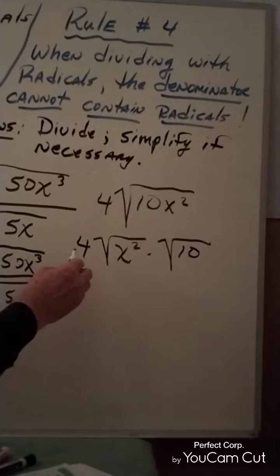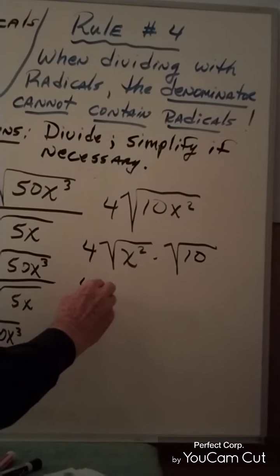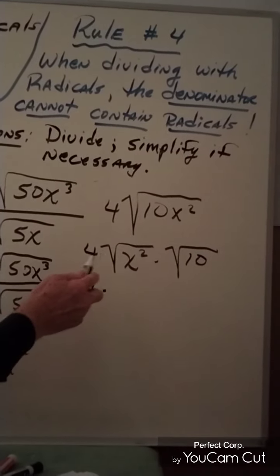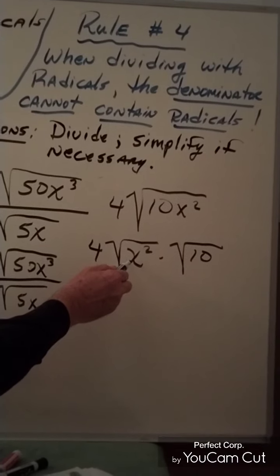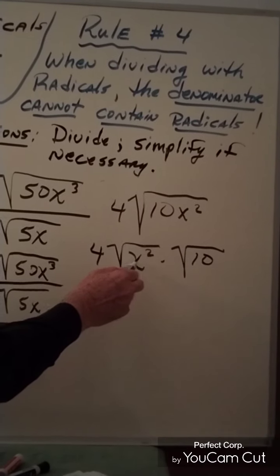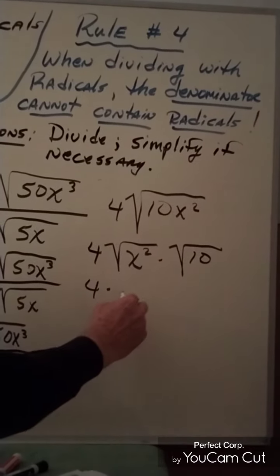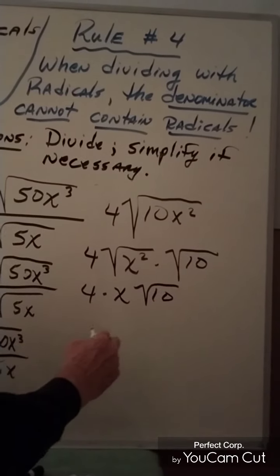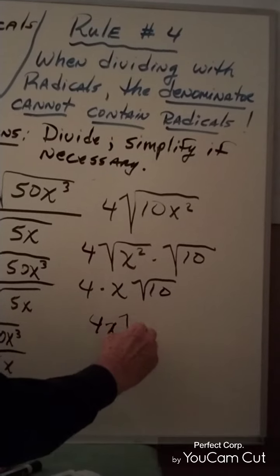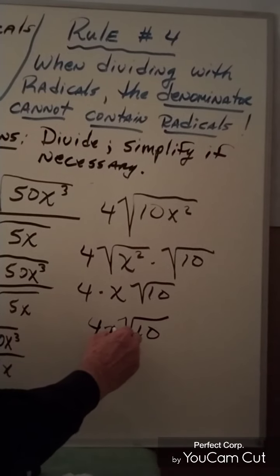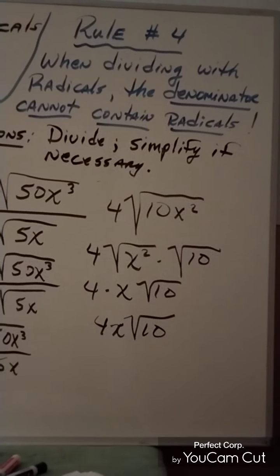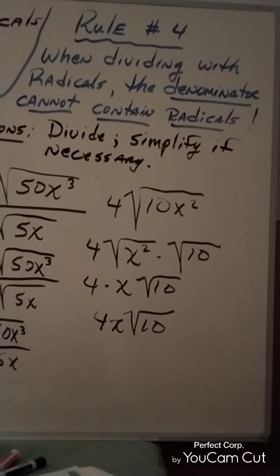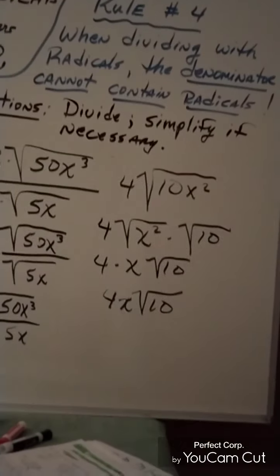And now let's carefully bring down the 4. We're going to multiply it now by the radical of x squared, which is x to the 2 divided by 2, or x, multiplied by the radical of 10, for 4x root 10, done. And we have it in simplified radical form.